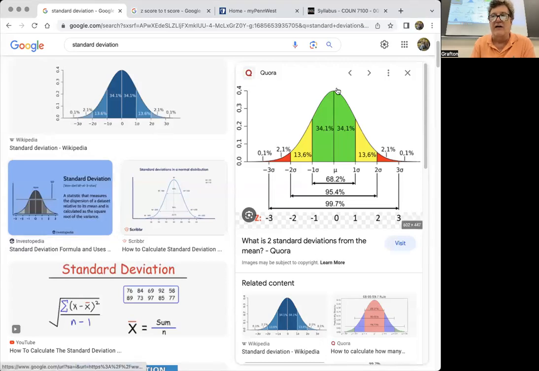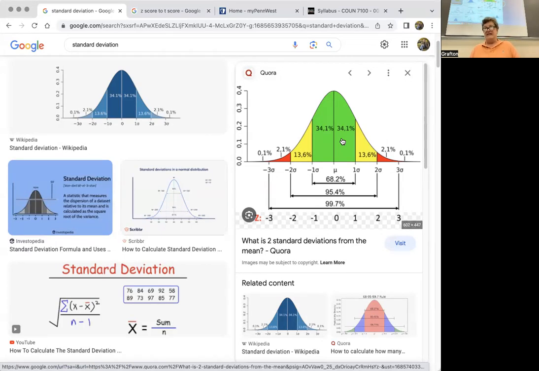We're going to look at standard deviation. Okay. So this red, yellow, and green is standard deviation.